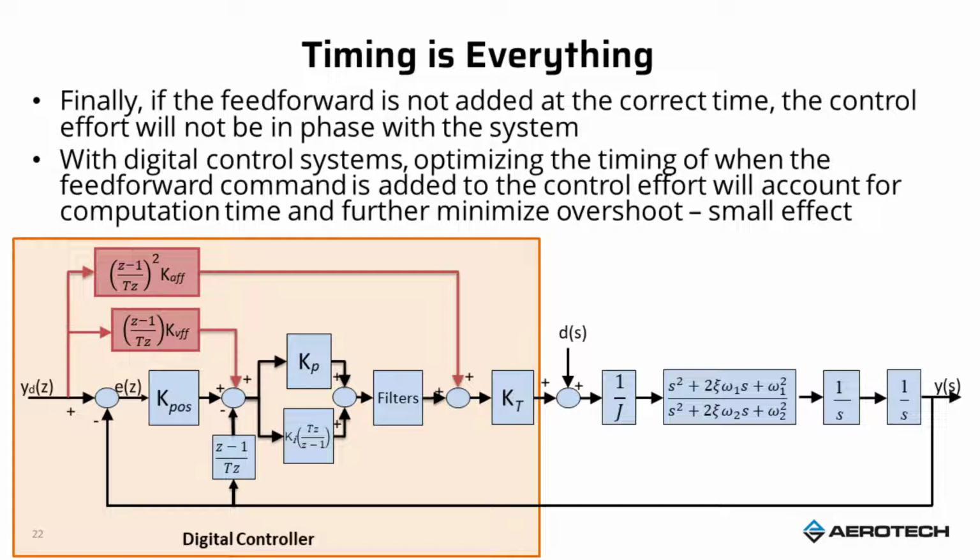And so the question then again is, where do I inject that feed-forward current in time to help optimize the system? So I've shown here in the orangish box, and you can see the two red feed-forward boxes represented in the digital or the Z domain.